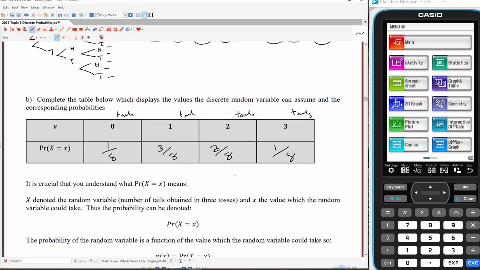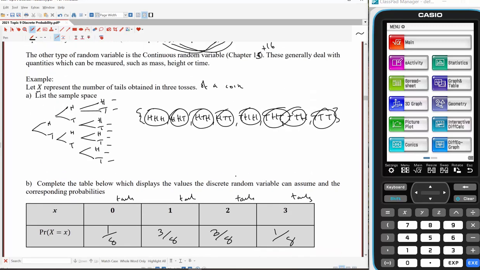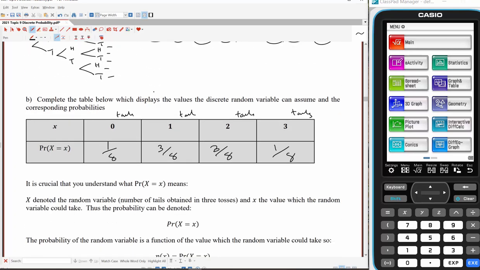Now again, it's important that we look at the reference point for each question and see how the random variable is defined, because for each experiment it will be different things. So X denoted the random variable, the number of tails obtained in 3 tosses, and lowercase x, the value which the random variable can take. Thus the probability can be denoted probability that the random variable X equals a particular value x.